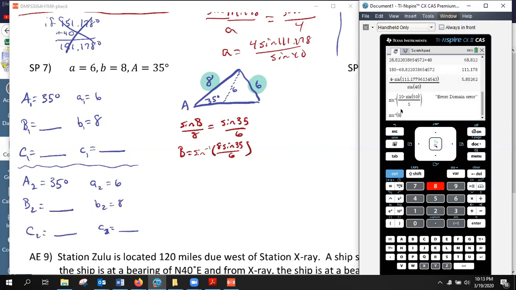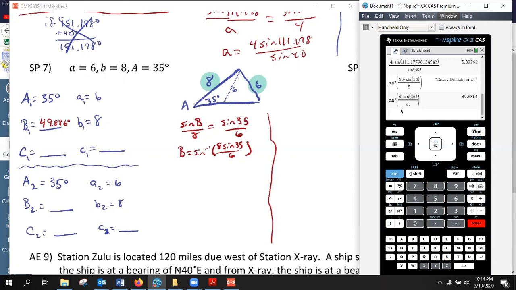Inverse sine of 8 sine 35 divided by 6. Let me put the decimal point in there. And that leaves me with angle B as 49.886 degrees.